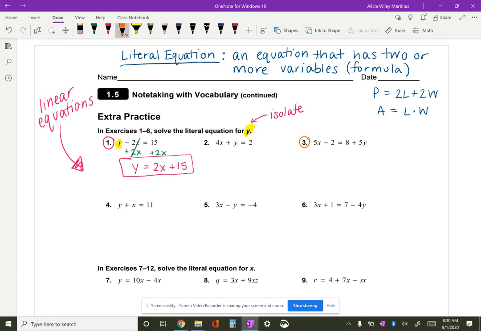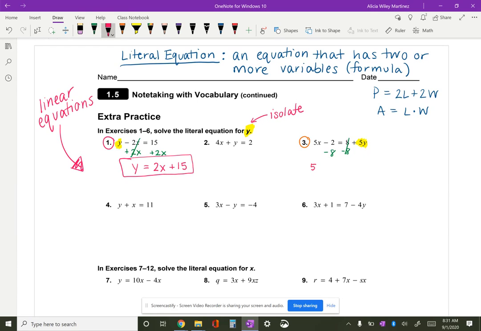So to do number 3, I'm going to get y by itself. That's my goal. But before I can get y by itself, I need to get that term with y by itself. So I'm going to move the 8 to the other side. Minus 8, minus 8. It's going to cancel out here. On the left-hand side, what you now see is I have a 5x.